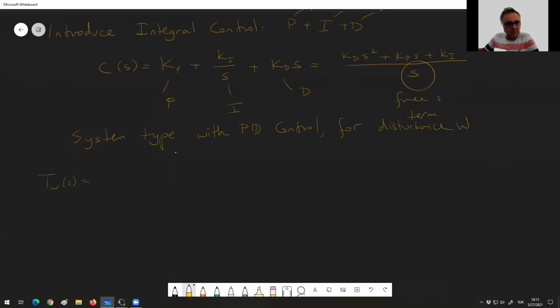CW is, as we know, G over 1 plus CG, which is Km over JS squared, as you might remember, over 1 plus Km over JS squared times the PID, which is KdS squared plus KpS plus Ki, divided by S.